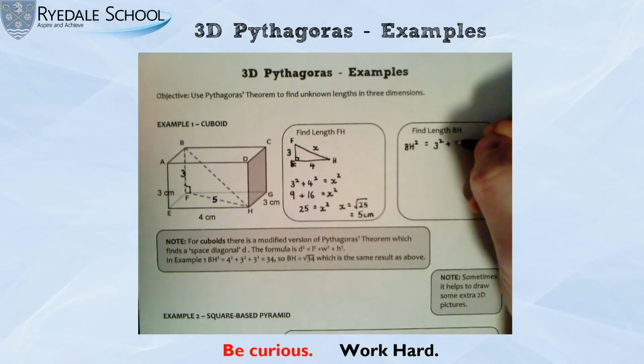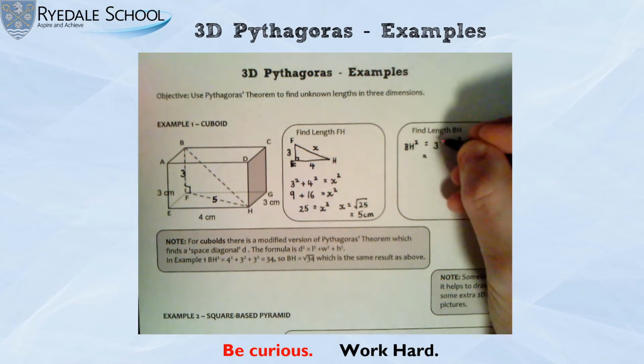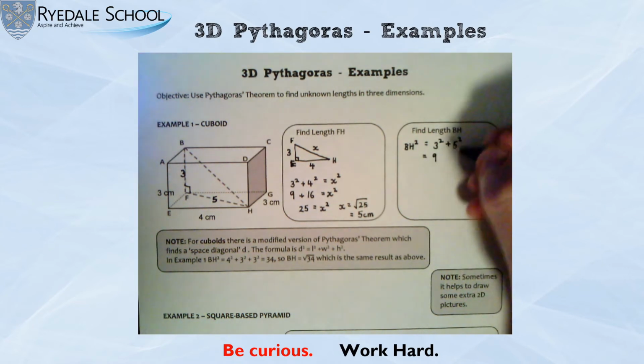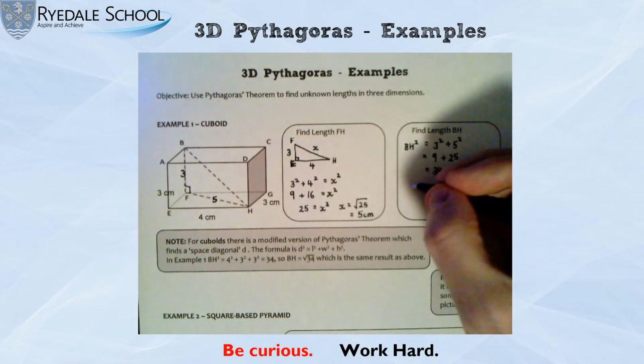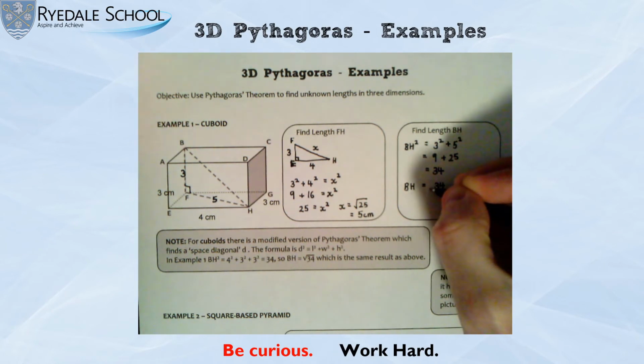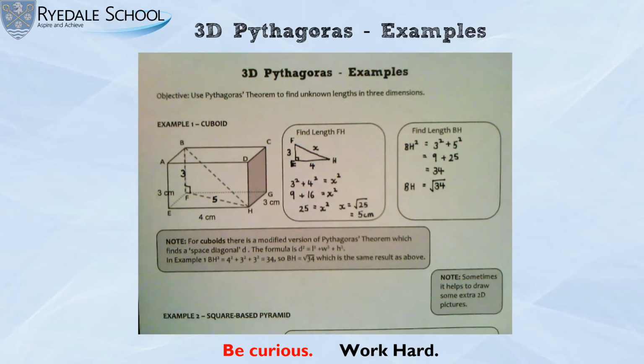3 squared is 9. 5 squared, 25. So that equals 34. So if I want to work the exact length of BH, it would be the square root of 34. Now you could leave it like that if you were trying to work out an exact length.